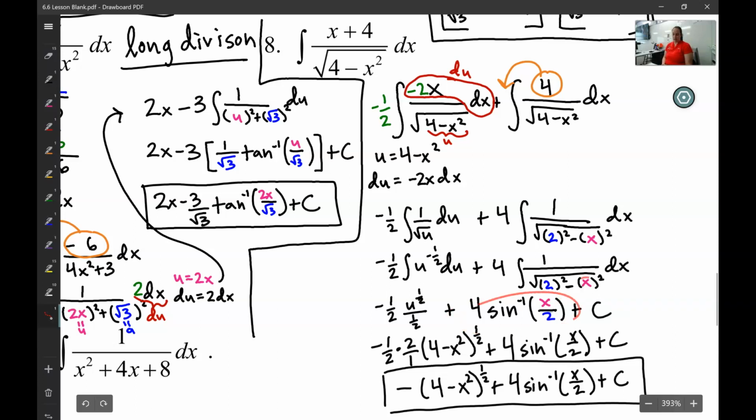So arc sine of a over, or sorry, of u over a. So x is my u, 2 is my a. And that's all we need for that one. And then my plus c at the end. So that should be it for number 8.